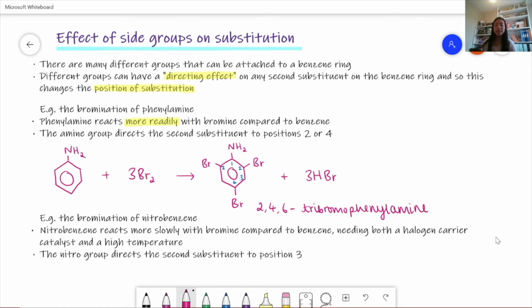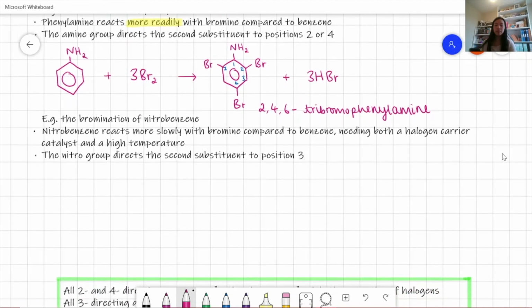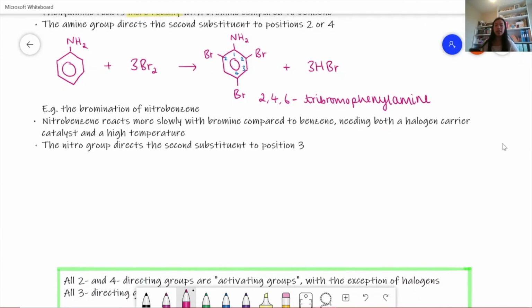Now the second example is the bromination of nitrobenzene. Nitrobenzene reacts more slowly with bromine compared to benzene, and it also needs both a halogen carrier catalyst and a high temperature. The nitro group directs the second substituent to position 3. So this time we have nitrobenzene, and we react this with bromine.